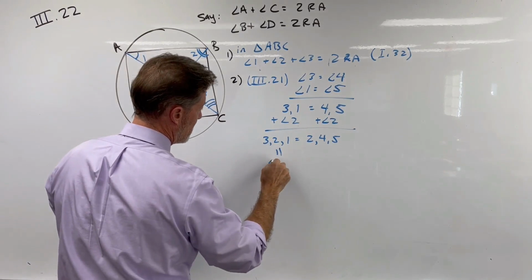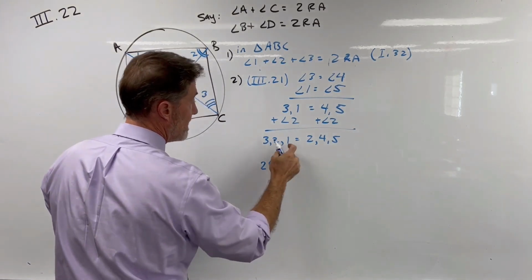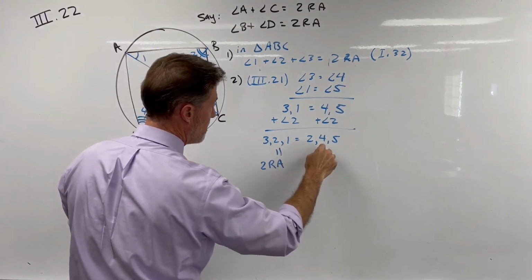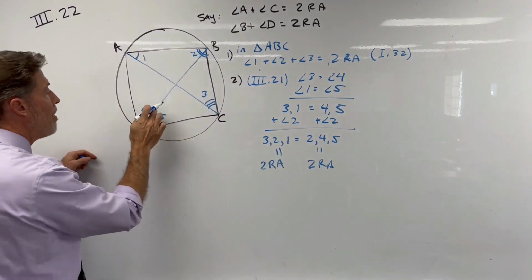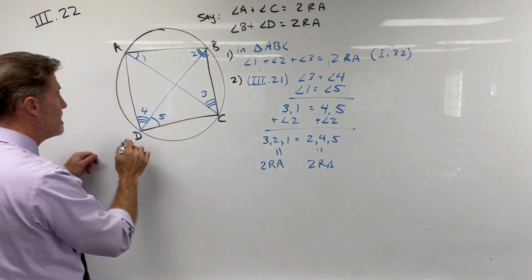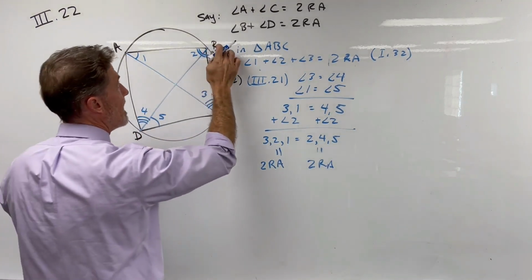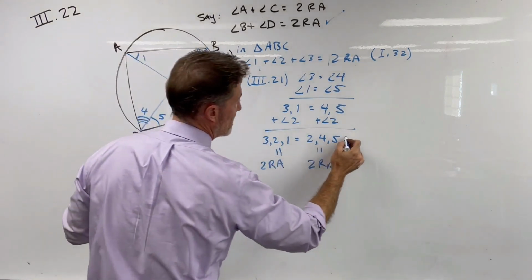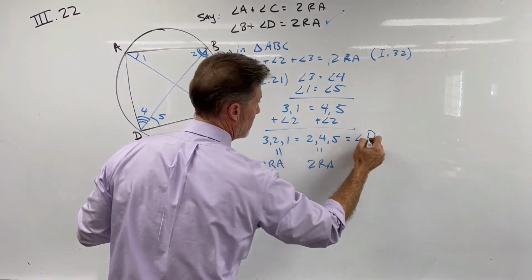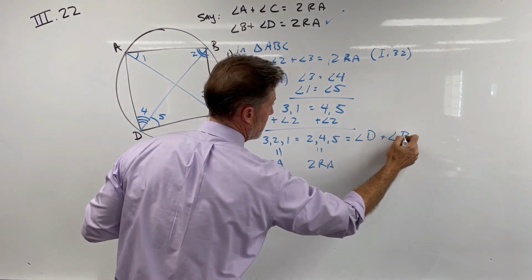And since it's equal to this, this must also be equal to two right angles. But angles 4, 5, and 2 are simply the angle at D and the angle at B. So they are equal to two right angles. This is equal to angle D plus angle B.